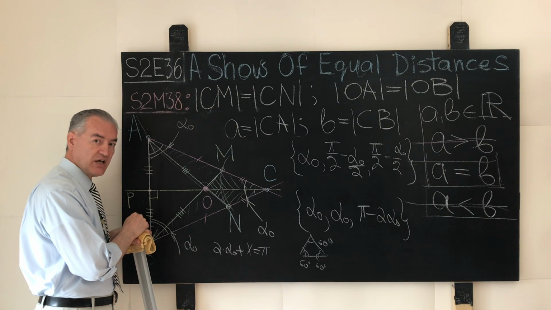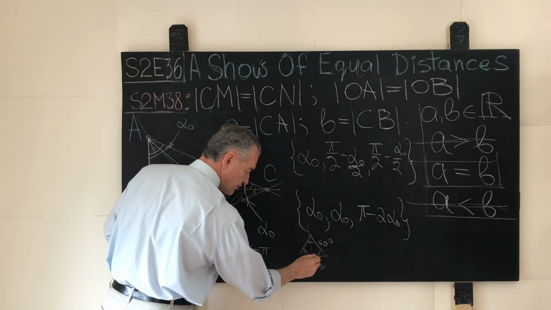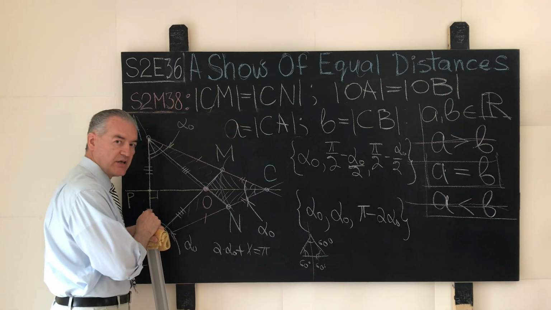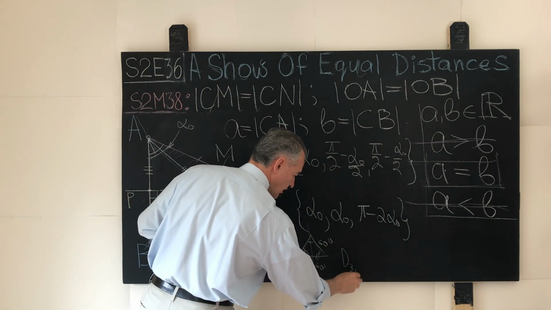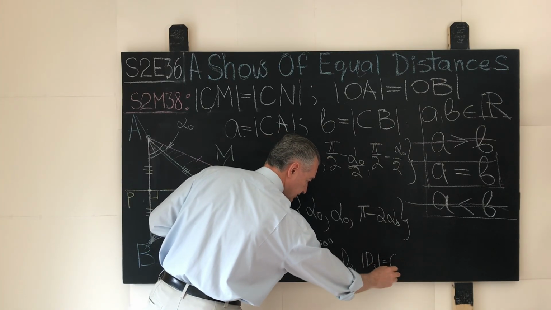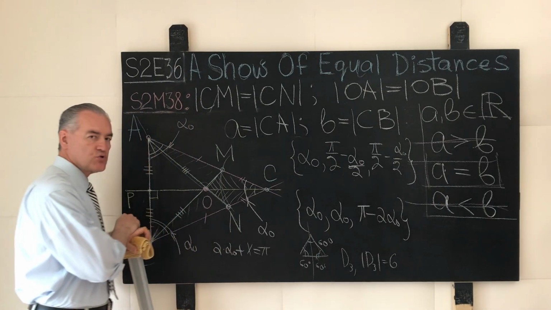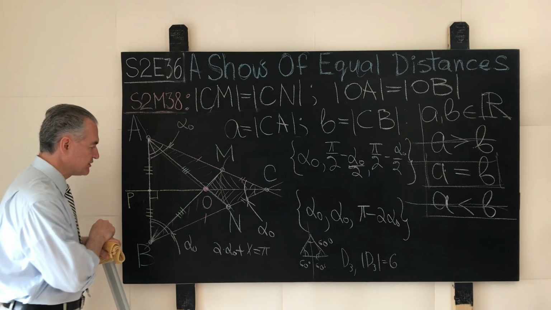But the theory of groups has something interesting to say further about this. The group of rigid symmetries of an equilateral triangle is D3, and D3 has 6 elements in it. 6 congruence motions bring this object into coincidence with itself.